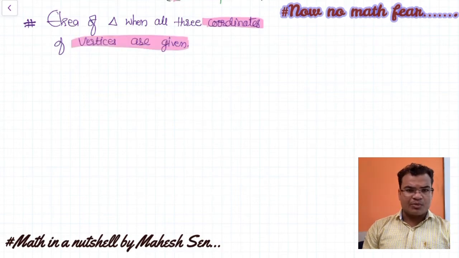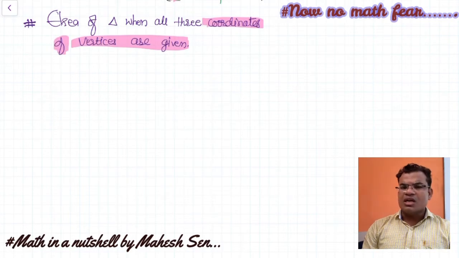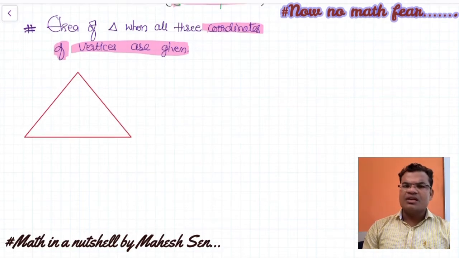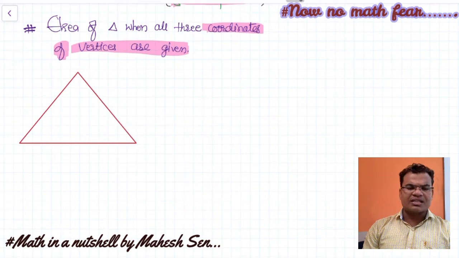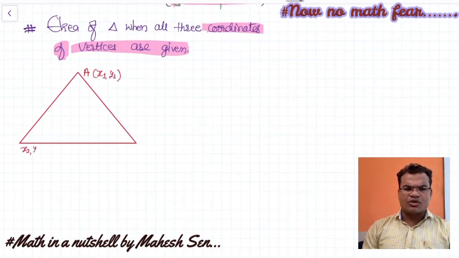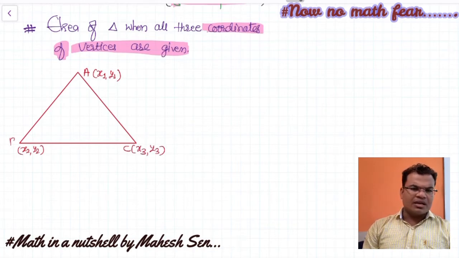Okay, so we can take a triangle whose three sides and three vertices are given. So if the triangle is ABC, the coordinates of A are x1, y1, the coordinates of B are x2, y2, and C is x3, y3. B is here.